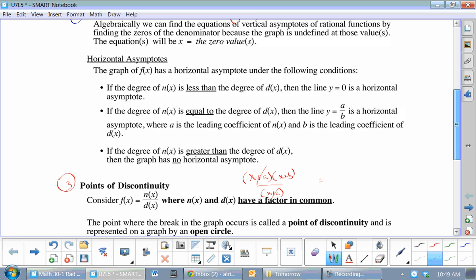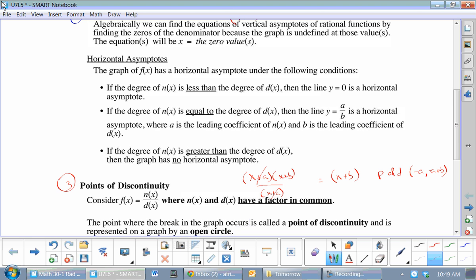This would equal X plus B, and we would have a point of discontinuity at minus A, comma, what would be the Y value? Negative A plus B. Okay, so that's why this is a good objective. It gets everything where you're seeing it all at one time.